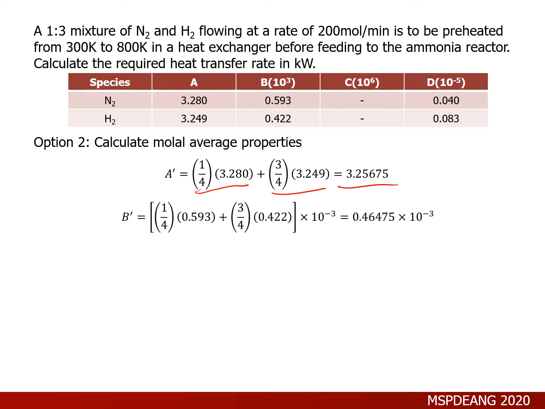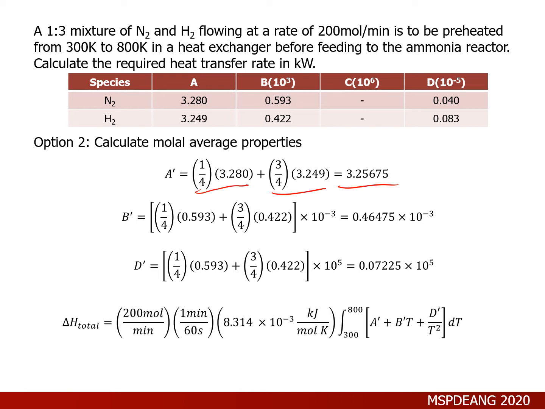And you can do the same for B and for D as well. Using this, delta H total is equal to, ito na yung total, N dot. So again, same R. Tapos, ito yung CPIG ng mixture natin. And evaluating the integral, you should still get 49.09 kilowatts.